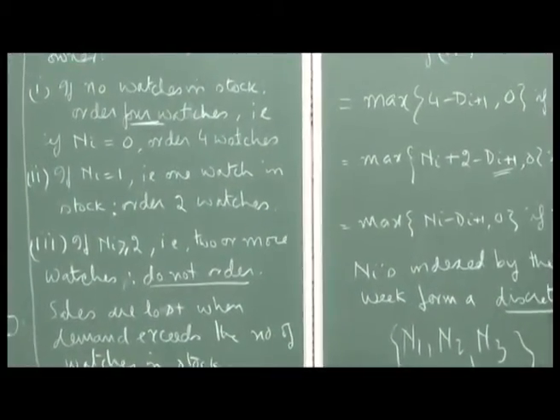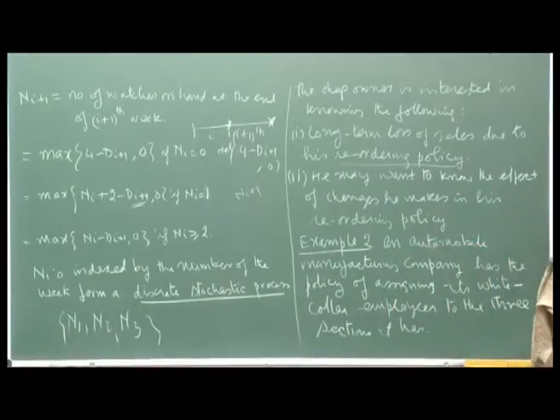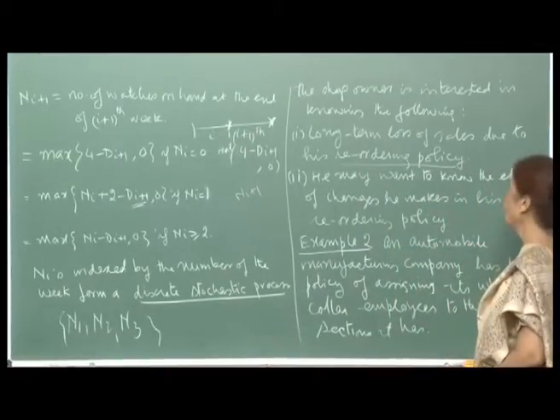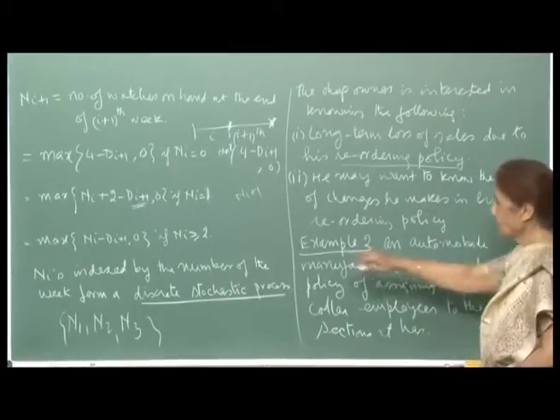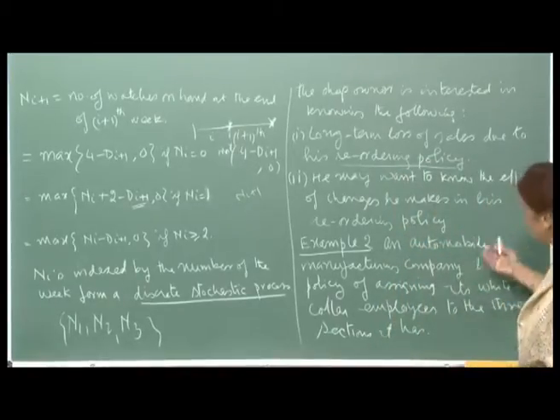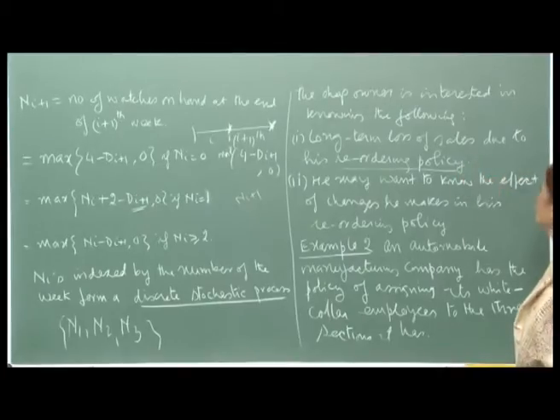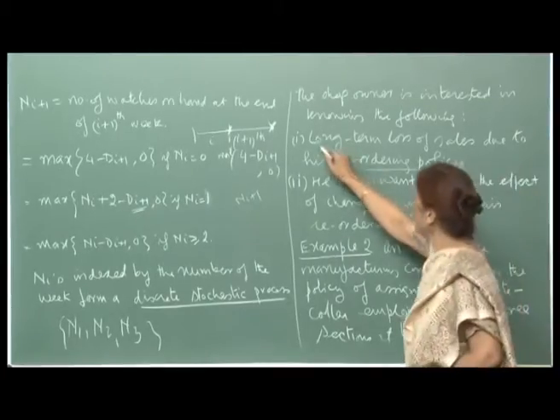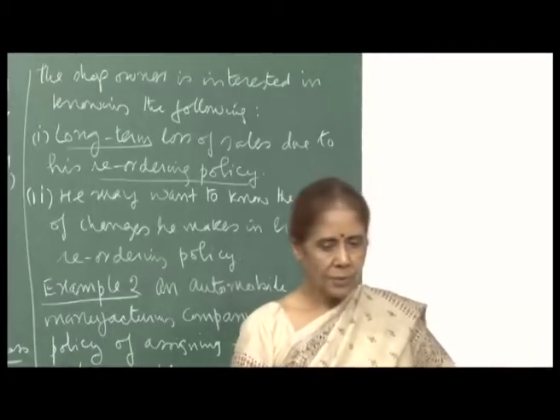Okay. Then he may also want to know the effect of changes he makes in his reordering policy, right. He may also want to change some of the orders there, and then he would want to know, okay, would that make the situation better, for example, would it reduce his long term loss. Long term is the word I am using here because it takes a while for any system to settle down.